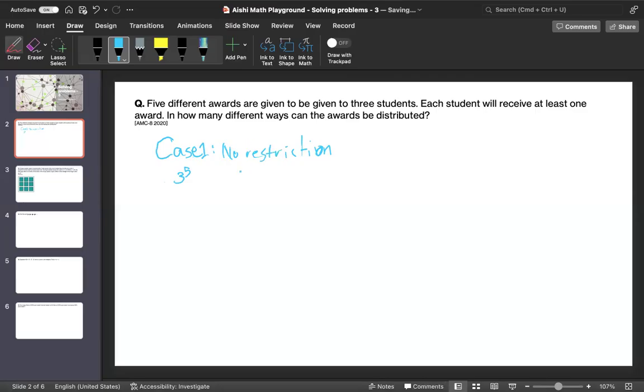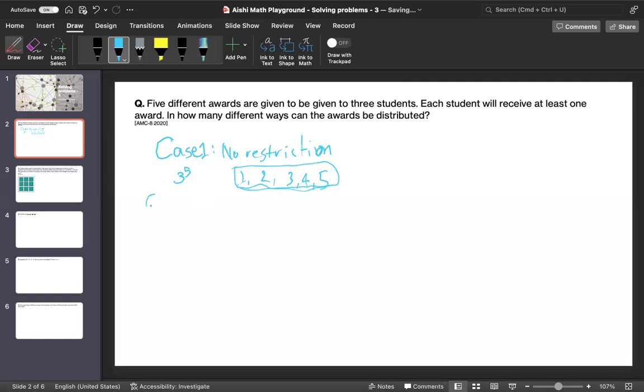They can each get 1 award, 2, 3, 4, or 5 awards each. So each of the 3 students can receive awards in 5 ways, which gives us 3 to the power 5.